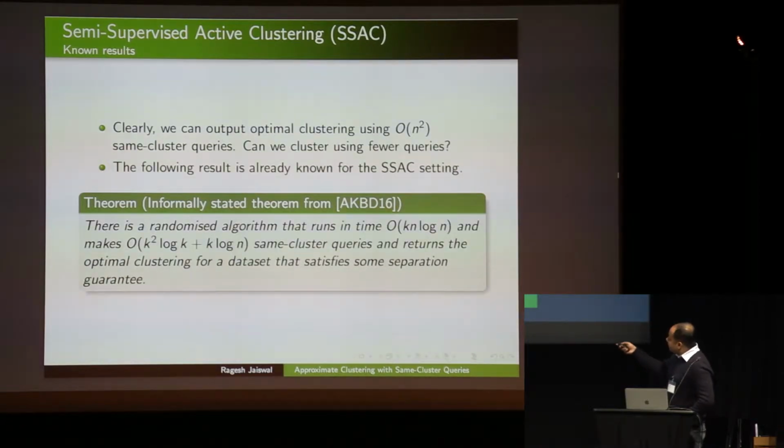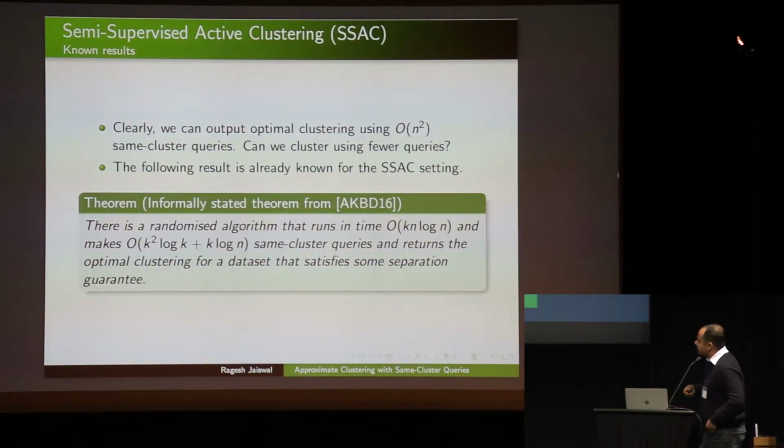Some basic results are already known, and this was given by Ashtiani et al., who defined this particular framework. The result goes as follows. They give a randomized algorithm that runs in k n log n time, makes this many same cluster queries, and returns an optimal clustering for a data set that satisfies some separation guarantee, right? So it's an efficient algorithm, and it's not making too many queries.